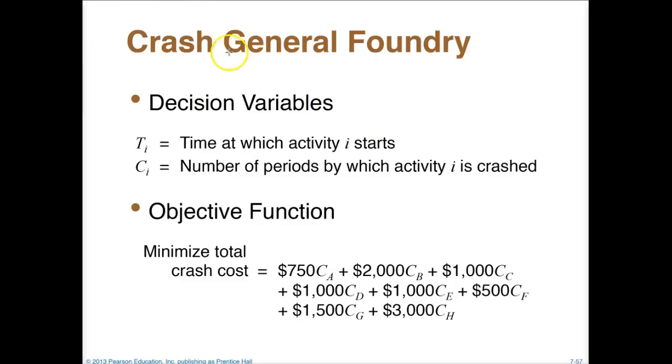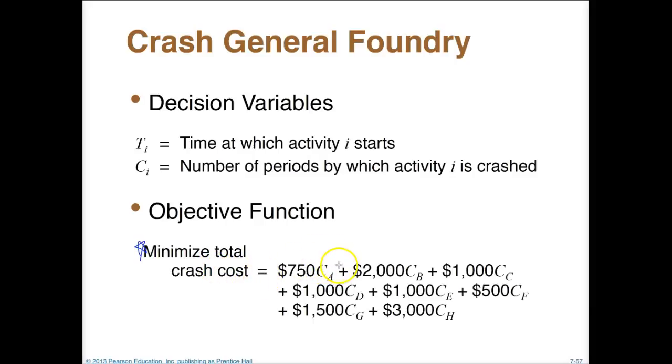For this particular situation, our decision variables are going to be the time at which activity I, or whatever activity it is within the project, is going to start, and C sub I is going to be the number of periods by which the activity is crashed. So how much we're trying to reduce the length of the project. And of course, our goal here is to do that with minimal crash costs as possible.